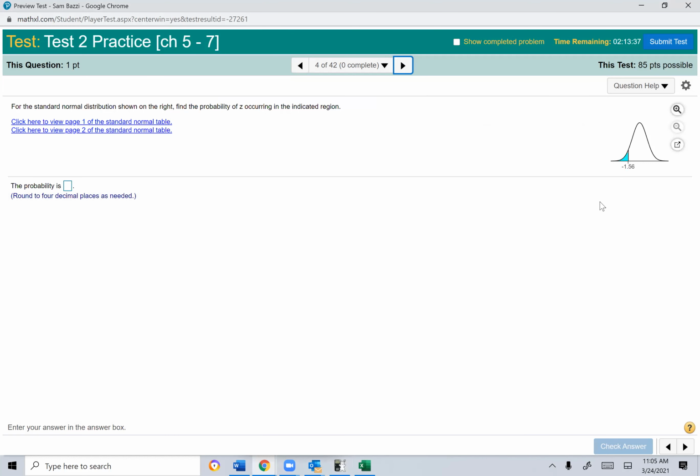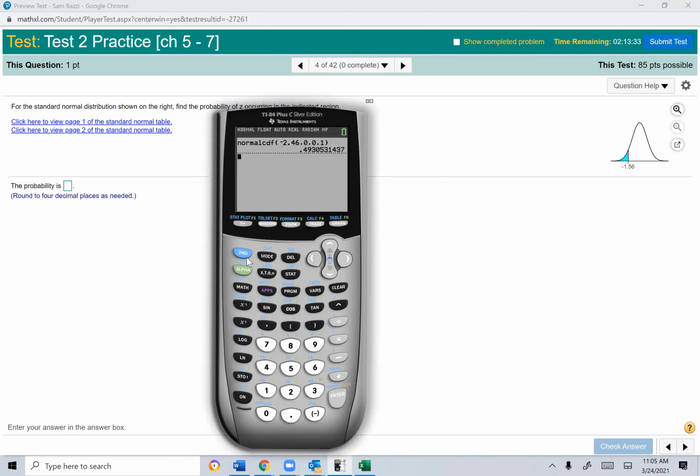Next, find this area here. Again, let me bring the calculator up. Second, clear. Second, variables, normal CDF. Okay, guys, can you tell me what's the lower limit? -1.56.